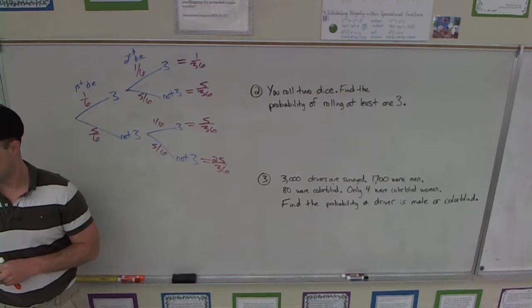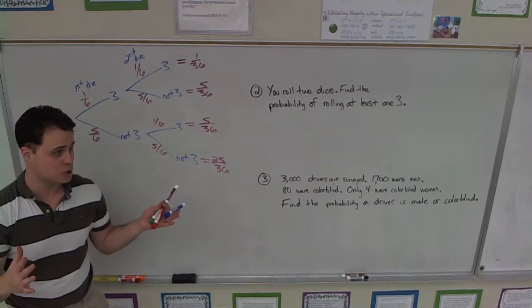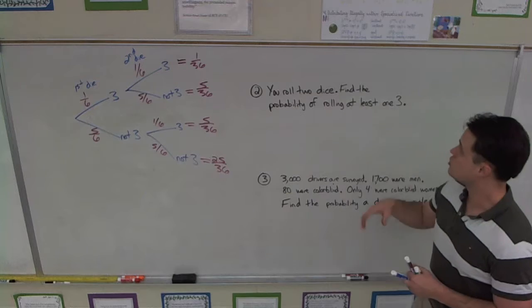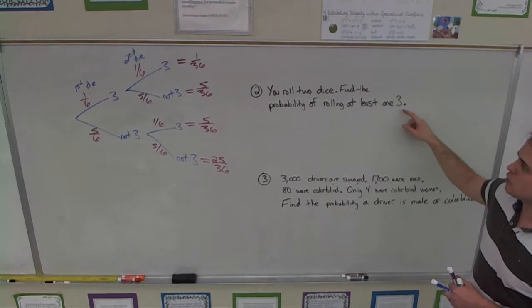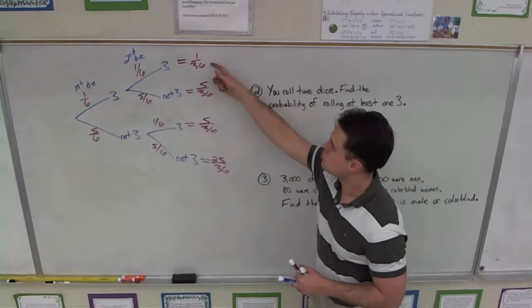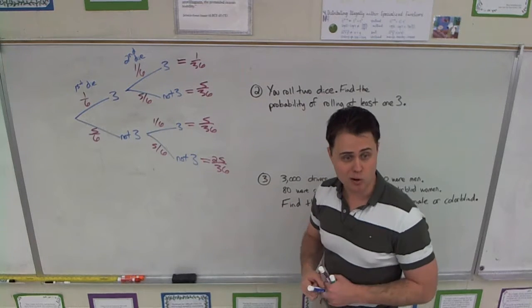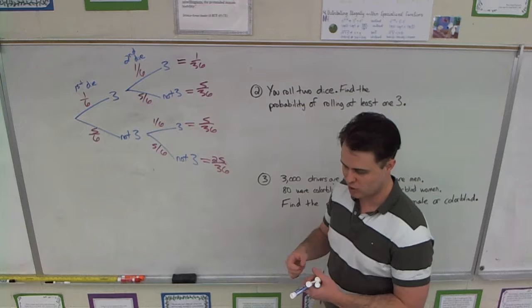Yeah? So now you just need to say, I've got a picture. It describes all the things I could possibly want to know. They said find the probability of rolling at least 1 3. That counts, and that counts. So you could either add these up, or you could go 100% minus that. Either way, what do you get?